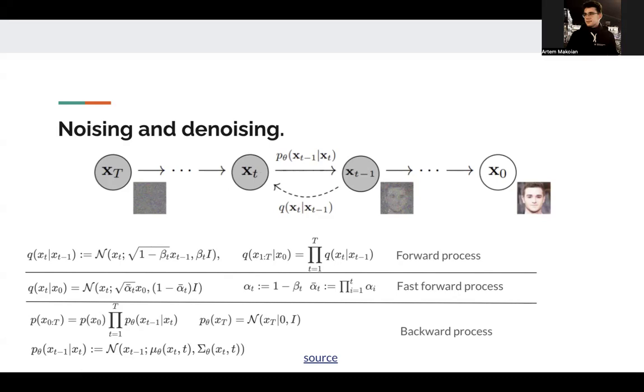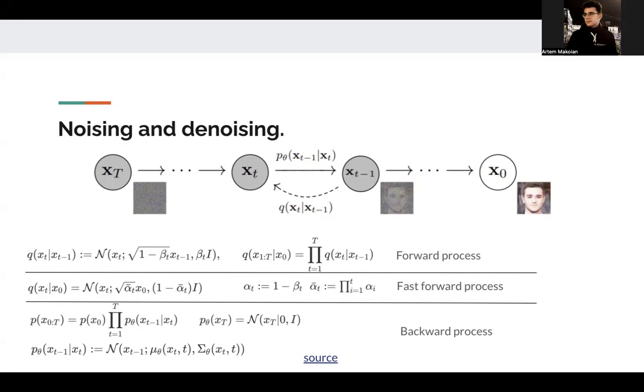Several xt's can be sampled from the same xt minus 1. That's why we can't go back. More correctly, we should say that from several xt minus 1s, we can sample the same xt. Because there exists some xt minus 1 to go back, but we don't know which.